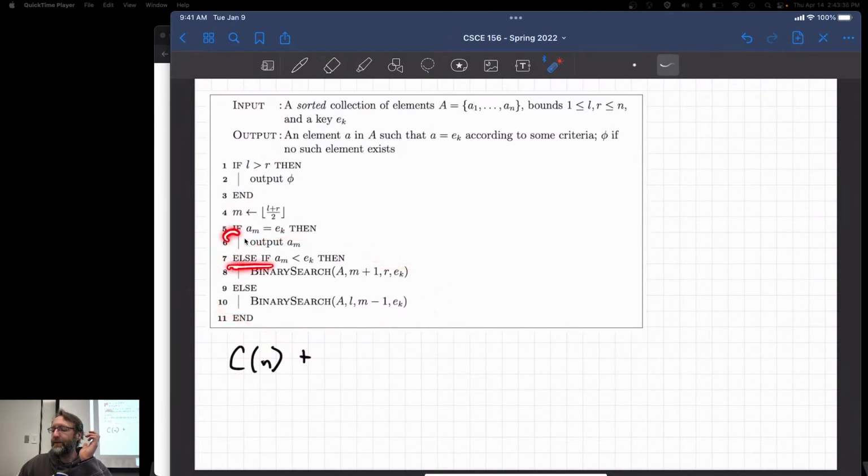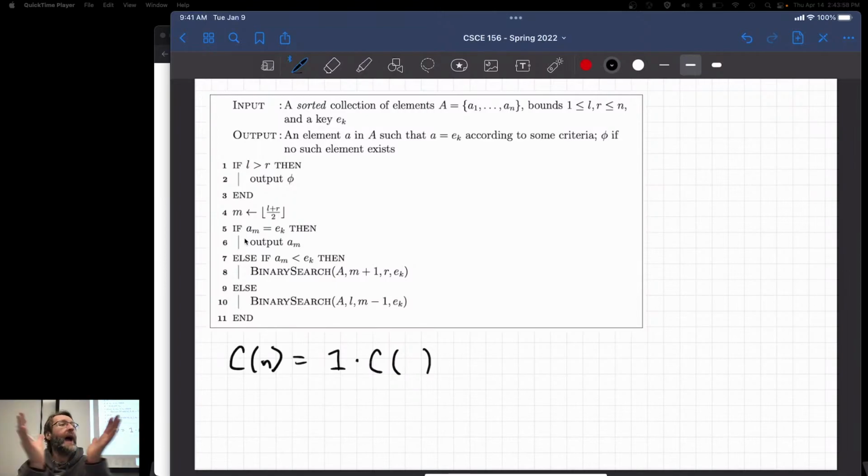If, else. They are mutually exclusive. At most, we're going to make one of these recursive calls. One recursive call to binary search on how big of an input now? How does binary search work again? It halves it each time, right? That's why we call it binary. N divided by 2.